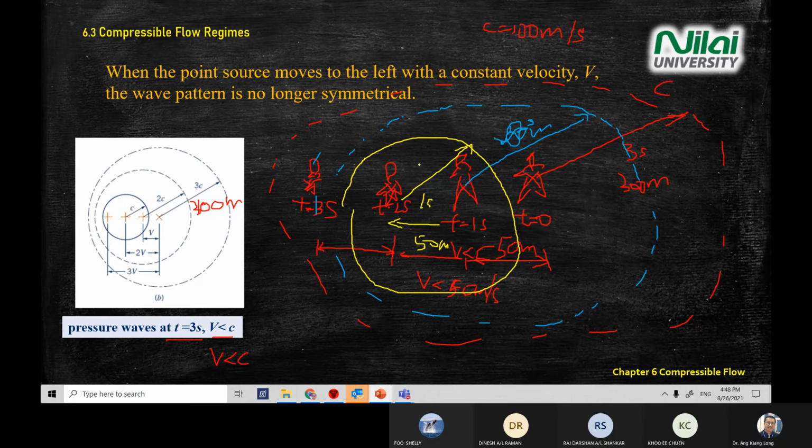Okay, so this 1 second is 100 meters. So as you can see from this diagram, when you are moving at less than your speed of sound, you'll get 3 circles, and you can see that the centroid of the movement is towards the left-hand side.